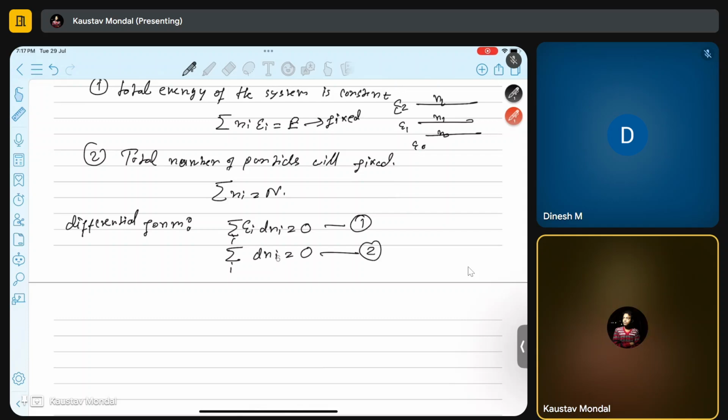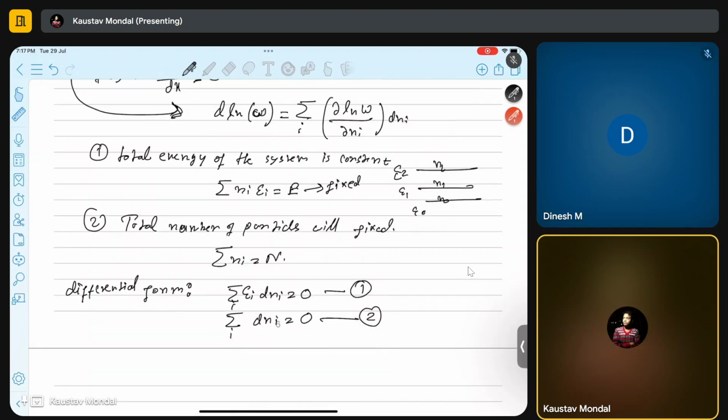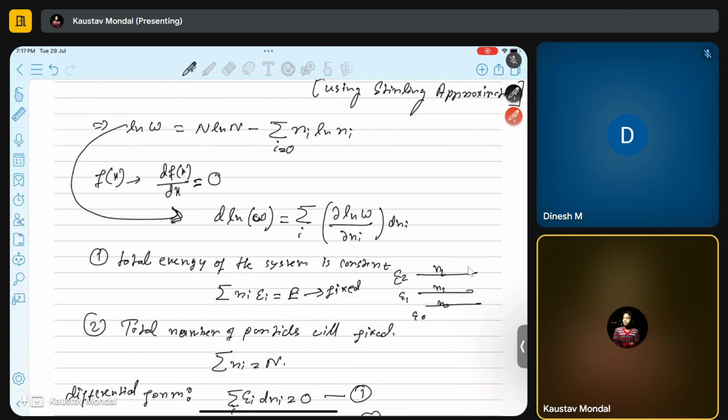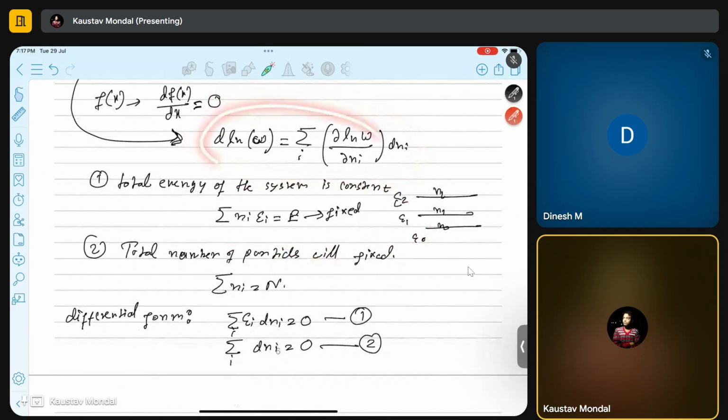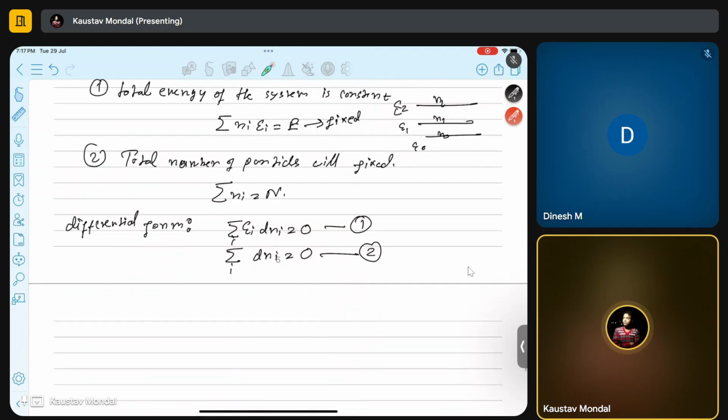Okay. So now what we got is this function whose maximum value you have to find, and these are the constraints that are bound with the function. Okay.